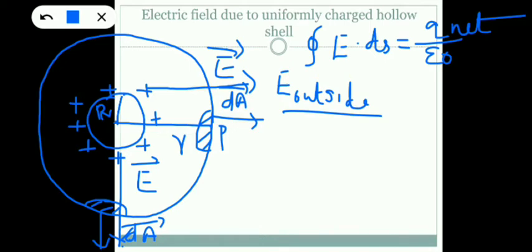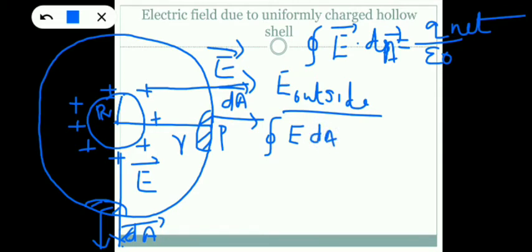Here what is E dot dS? When you expand E dot dS, you will get E dS cos theta. And what is the angle between electric field vector and the area element dS? Here instead of dS we can write dA, because we used to represent area vector using dA. So E dot dA is E dA cos theta.